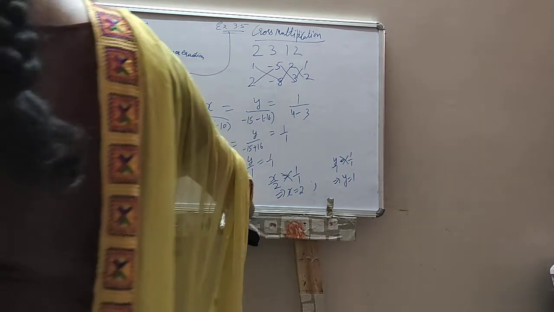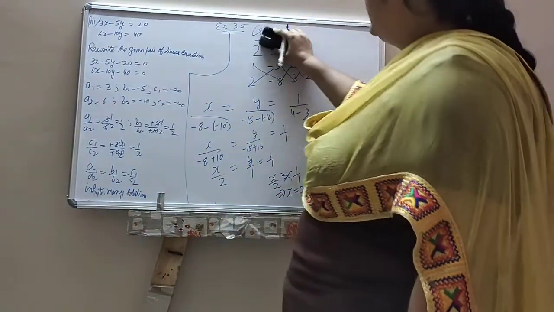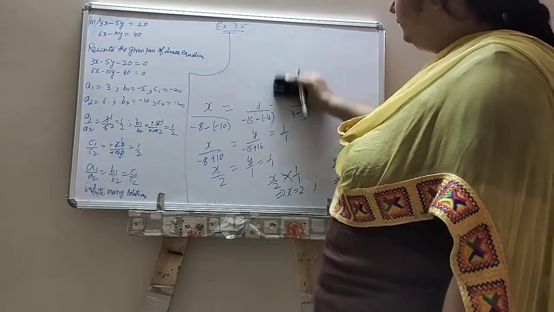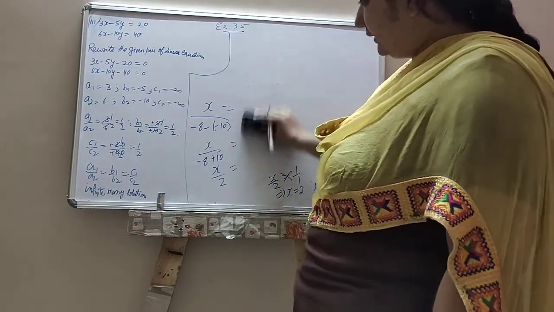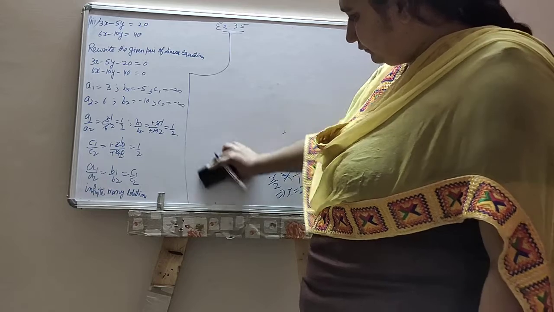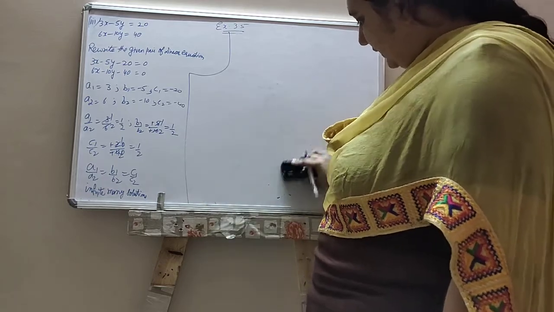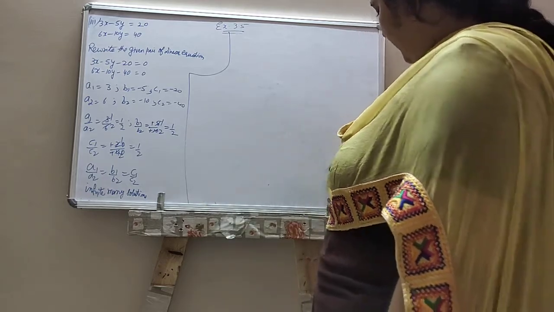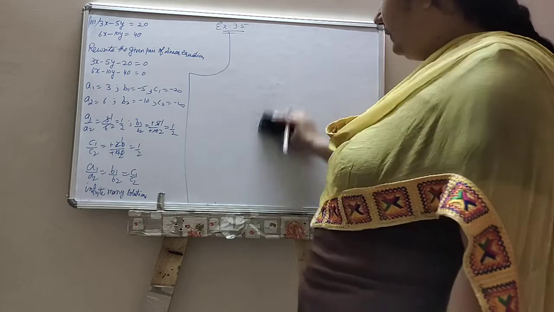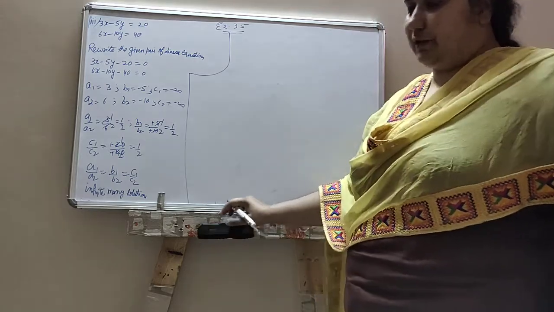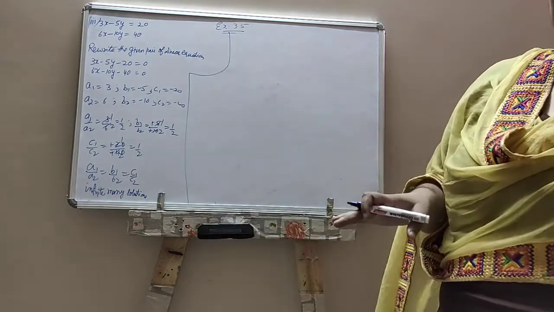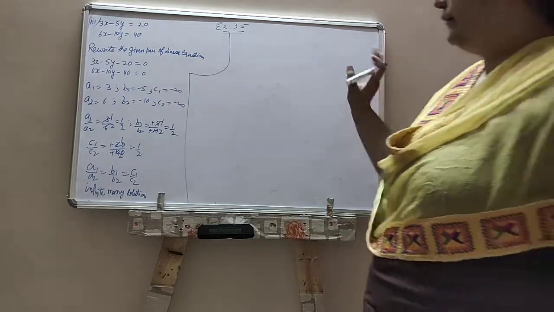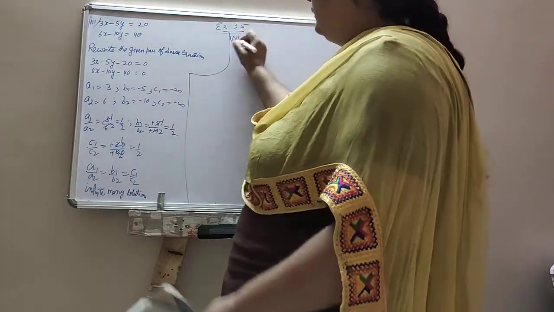Now, for the last part of question first. I hope you understand this method. If it is mentioned that you are supposed to use cross multiplication or elimination or substitution, only then go for that method. Otherwise, solve with the method in which you are comfortable.